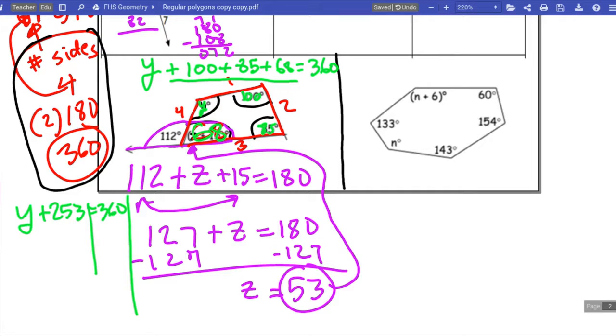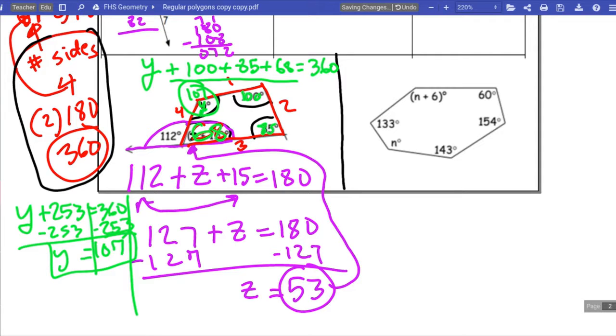You're going to subtract the 253 on both sides. That gives me 107, I'm sorry. So the value for Y is 107. And just like that, we're done with that question.